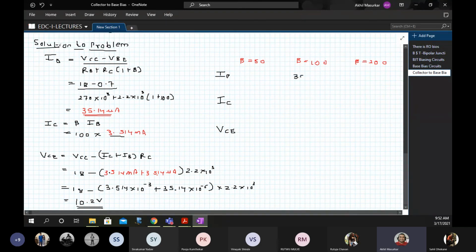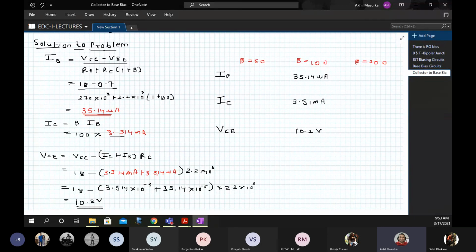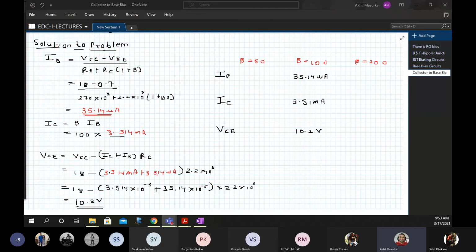So just now we calculated this 35.14 microamperes, 3.51 milliamperes, and VCE is 10.2 volts. Yes, Ayush, correct. Now Ayush, solve for beta equal to 50 and beta equal to 200. See, all formulas are there.